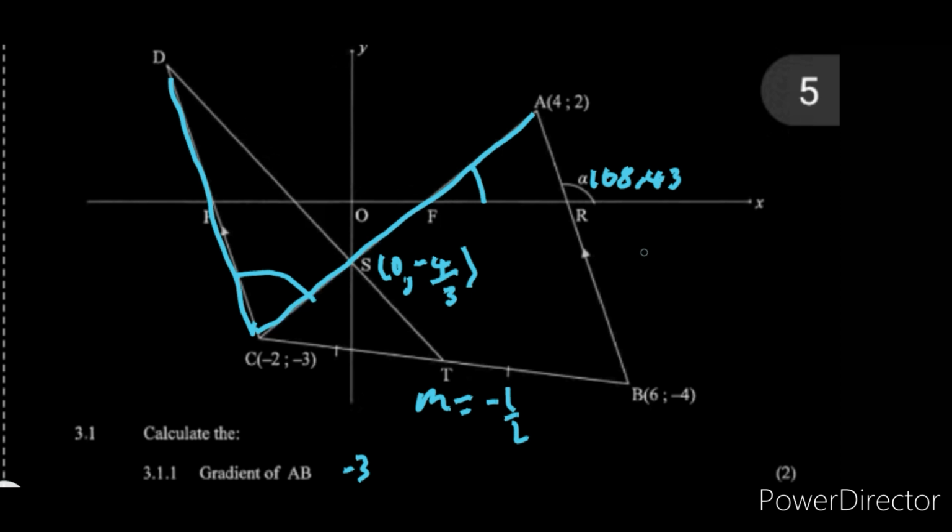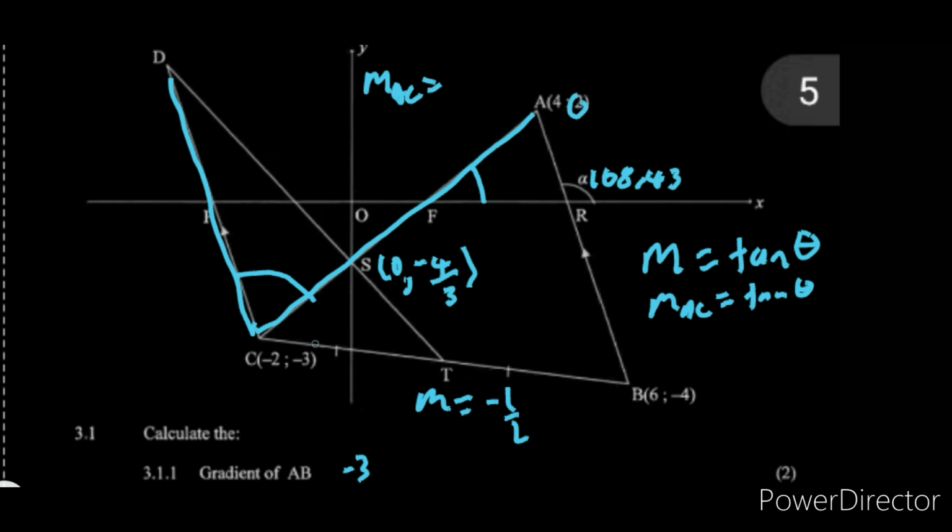We know that to find the angle of inclination, we use the formula m equals tan theta. So the gradient of AC equals tan theta, and we have to get the gradient of AC. We literally have to do the process. So the gradient of AC equals y2 minus y1 over x2 minus x1.